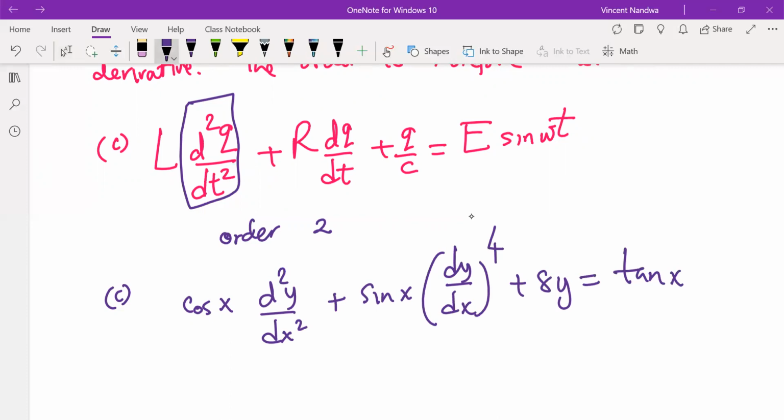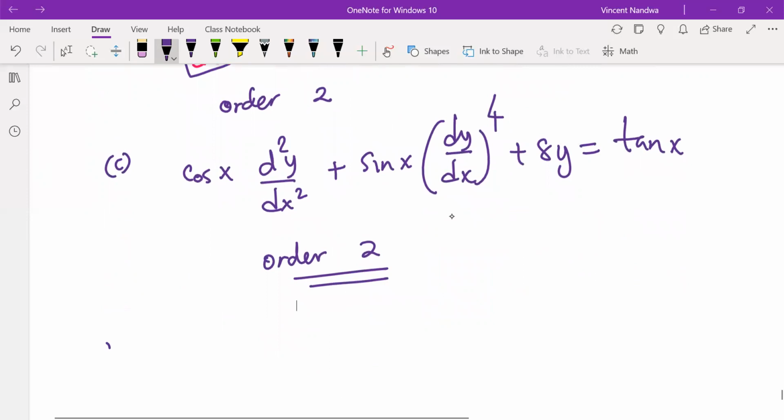Now, remember that this is a second order derivative and this is a first order derivative, but this first order is raised to power 4. But we have defined the order to be that of the highest derivative in the differential equation. So therefore, this is still a differential equation of order 2.